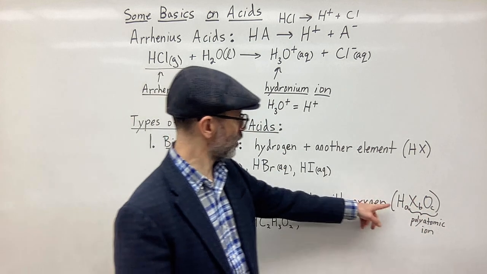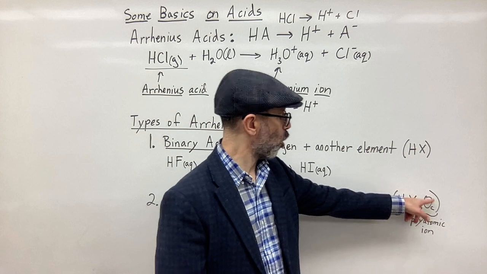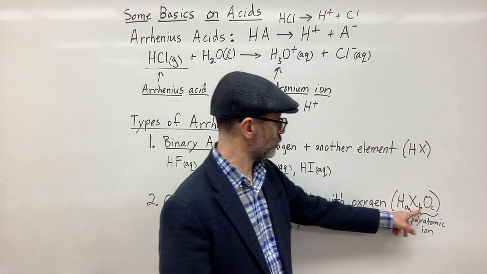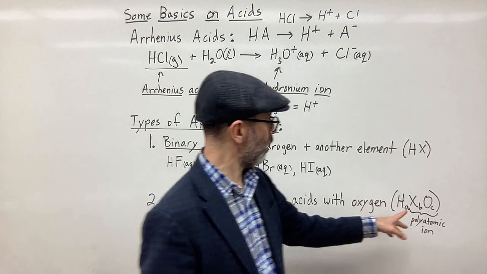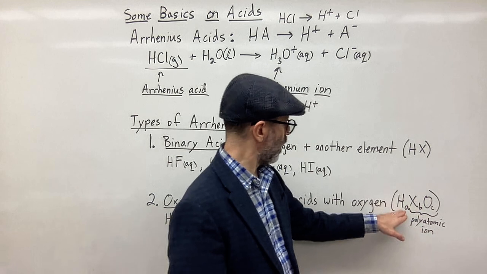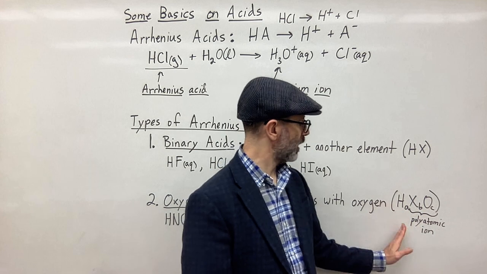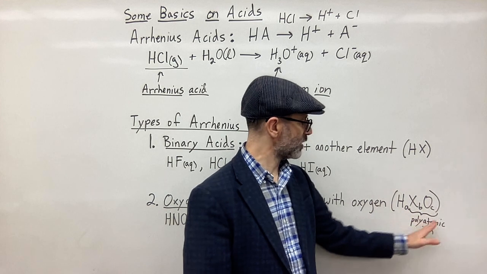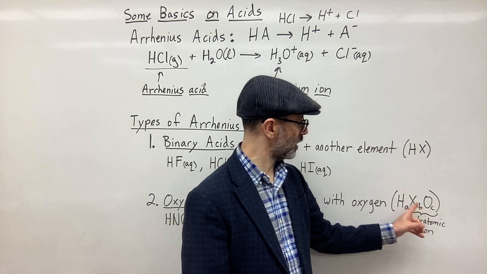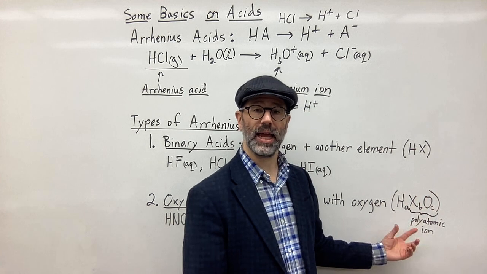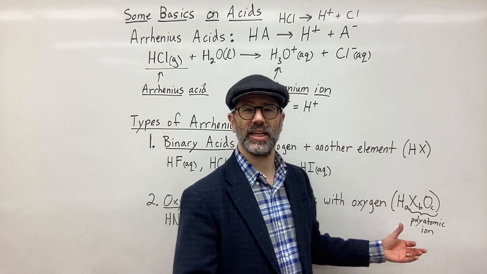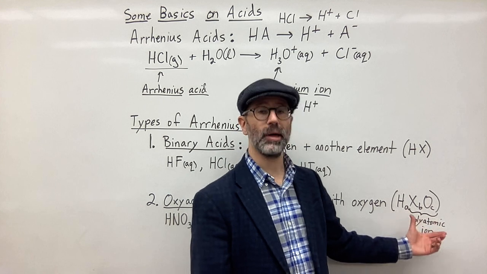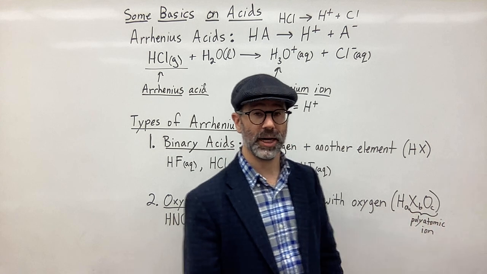So you got HA, XB, OC. Each of these subscripts could be some number. Okay. And I want to point out that this other part, whatever follows the hydrogen, this XB, OC, this is usually some sort of polyatomic ion, right? I don't want to say it's always some sort of polyatomic ion, but it's usually a polyatomic ion.